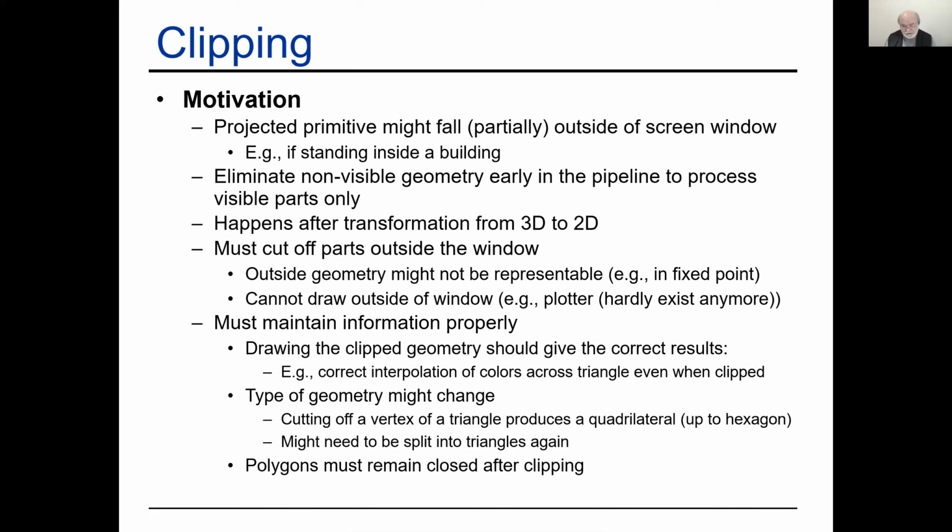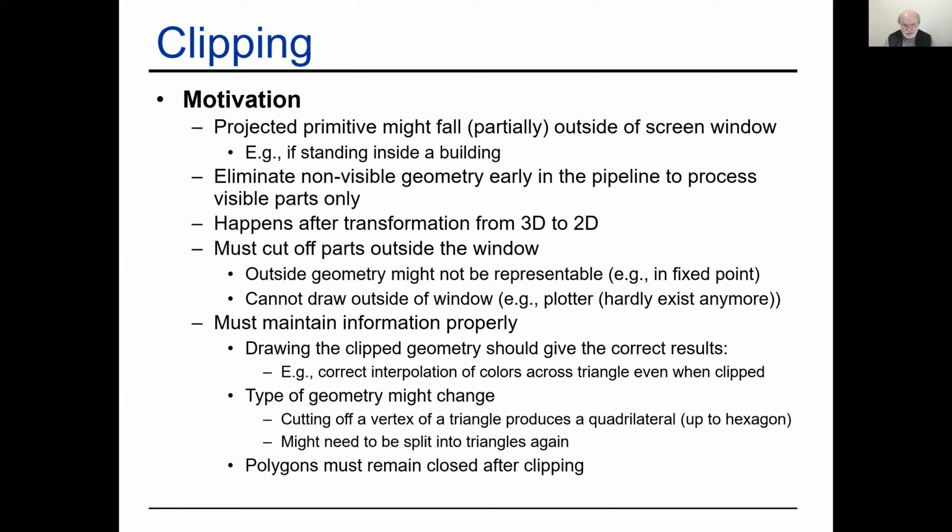However, for efficiency reasons, in hardware, we implement the representation of the geometry in 2D in a compact form, and we simply cannot represent geometry that is far outside because we don't have enough bits to do that.